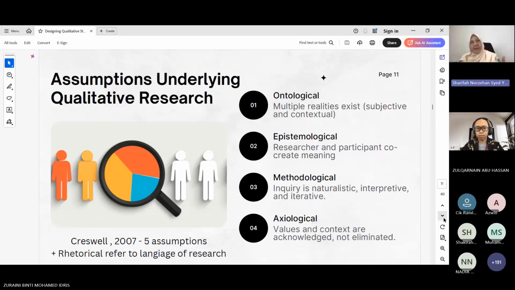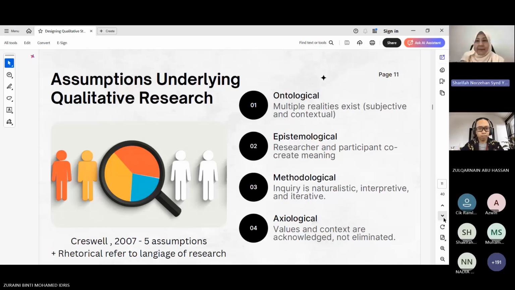Because it's all about rhetorical, that's the reason why it is not included as part of the underlying assumptions that most authors share with you, because it is only accepted by various disciplines. Some disciplines accept it, some don't. So generally, the 4 is crucial for you to explain.